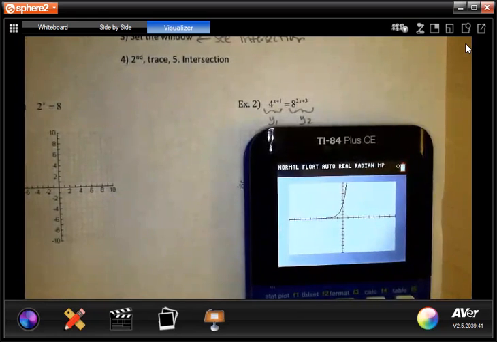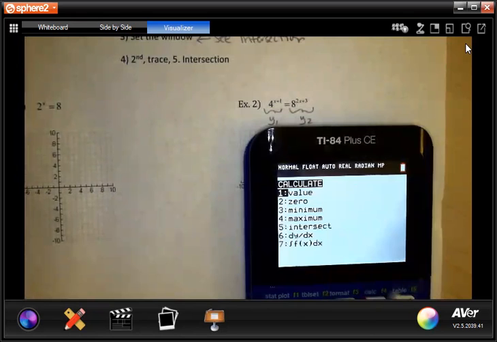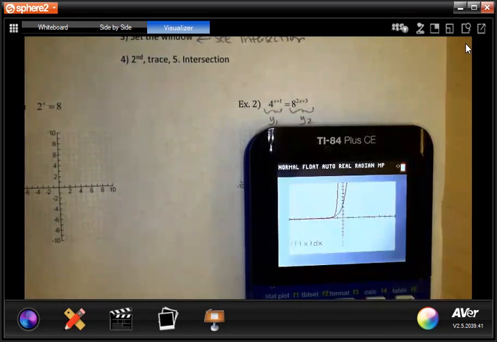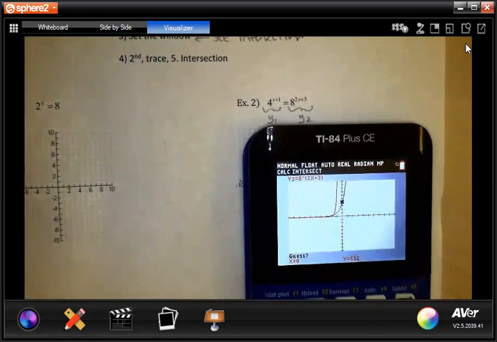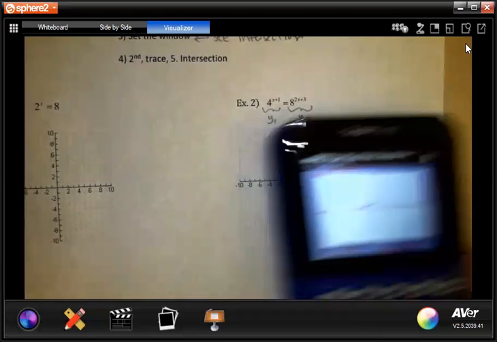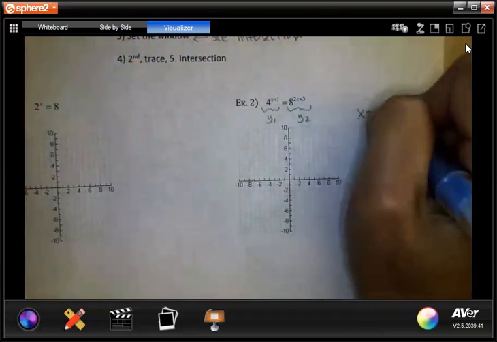Doesn't really matter how big the window is though, since what we're looking for is the intersection and you just have to be able to see that. So we see the intersection happen somewhere right about there. So we're going to hit second trace, intersect, enter, enter, enter, and there it is at negative 1.75. So that is our intersection point. That would be the answer here.